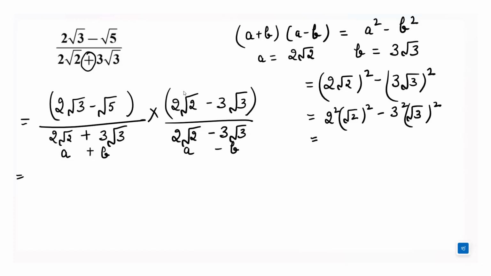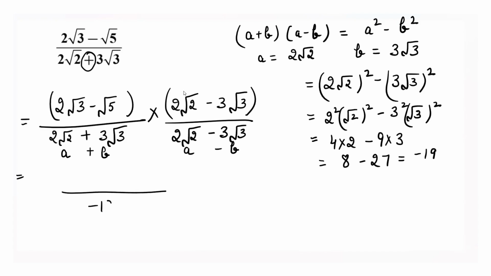Now 2 square means 4 into root 2 square means 2, minus 3 square means 9 and into root 3 square means 3. So we'll get 8 minus 27, which equals negative 19. That means in the denominator place, I'll get negative 19.